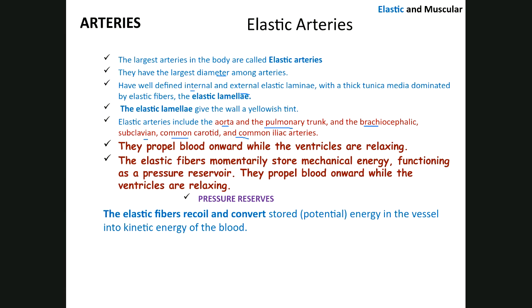Therefore, they function as pressure reserves. So remember that. The elasticity of these fibers will store that mechanical energy and then contract, propelling the blood onward. So that's why we call them pressure reserves.